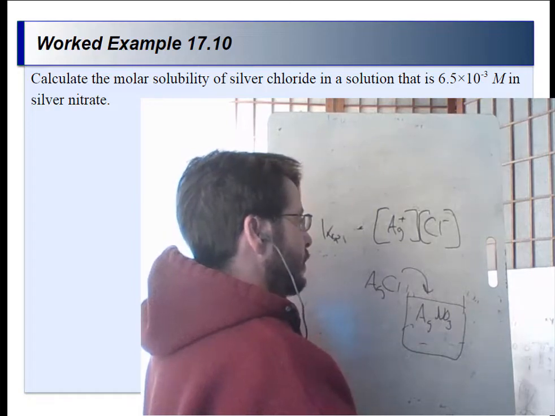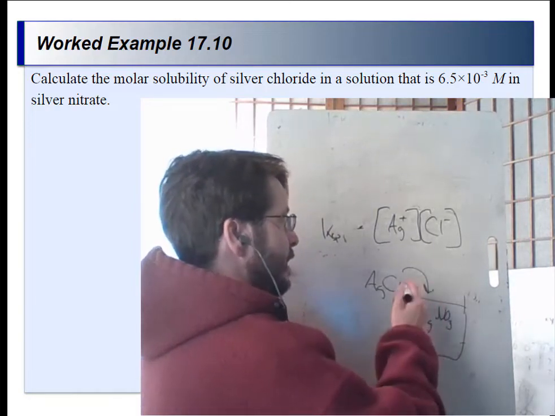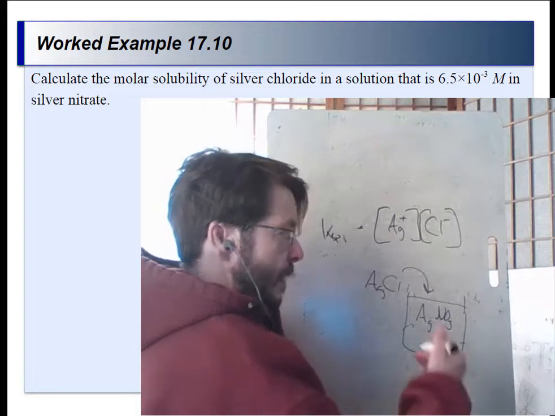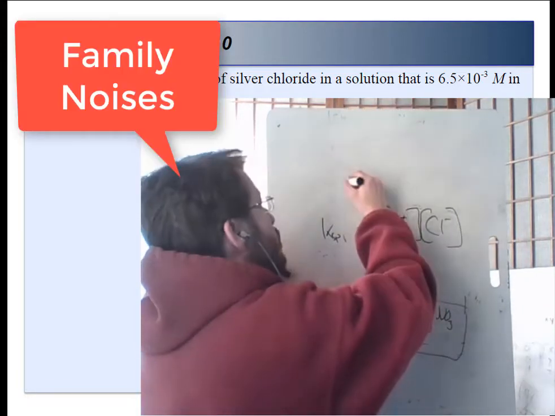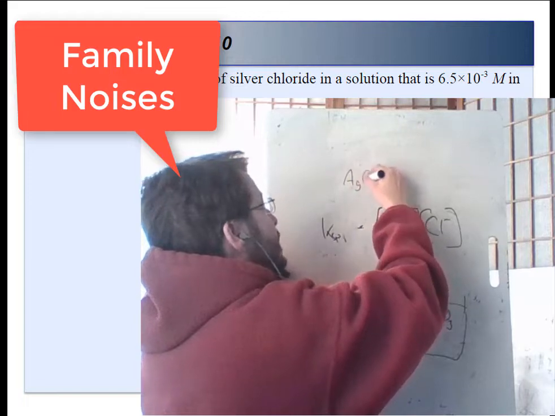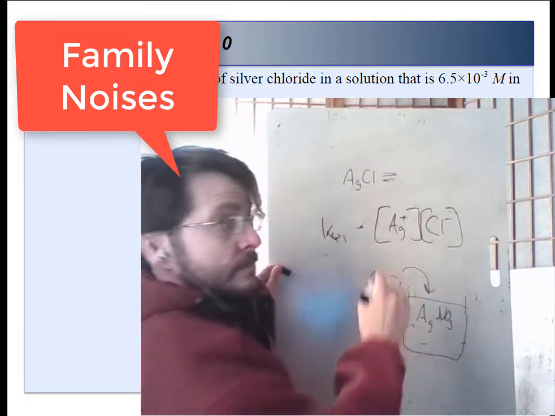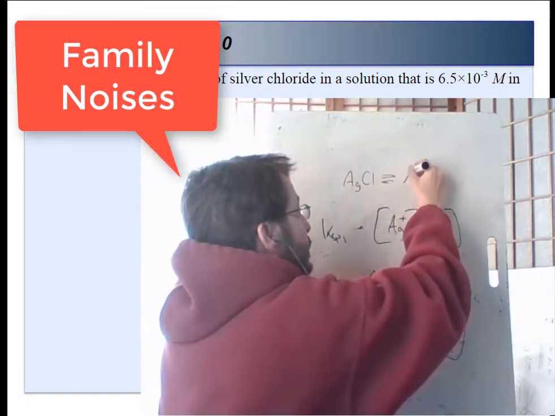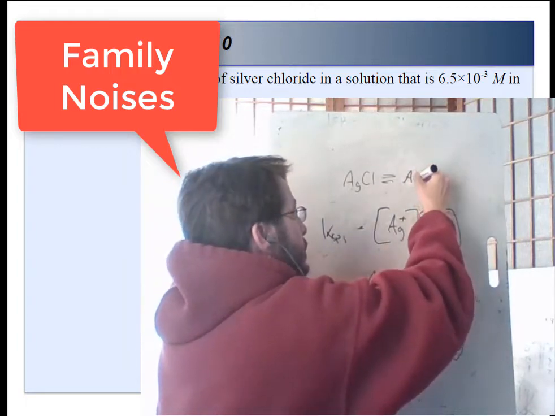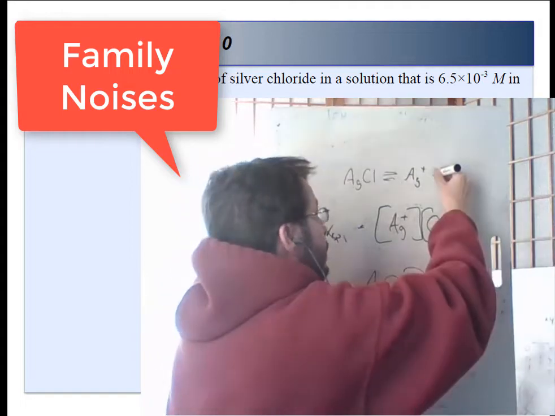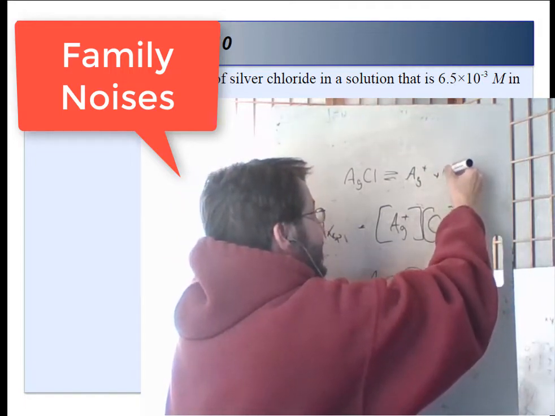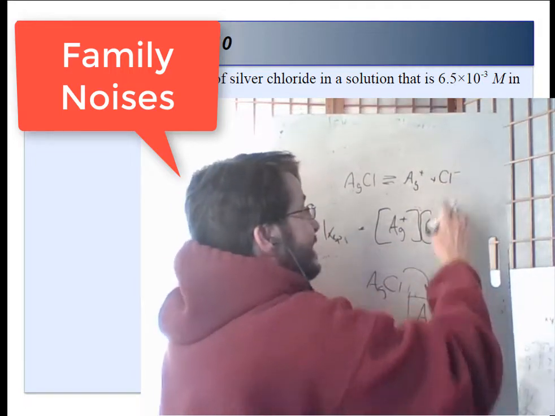Now, Le Chatelier's principle says that less of it should dissolve, because AgCl is in equilibrium with silver and chloride ions.